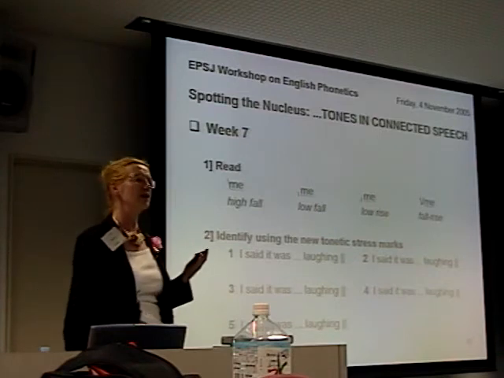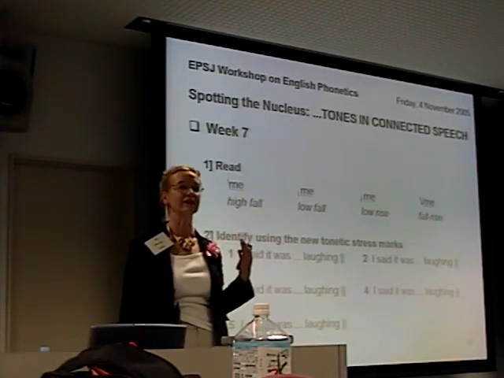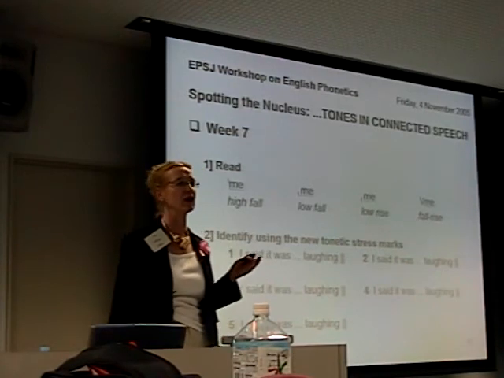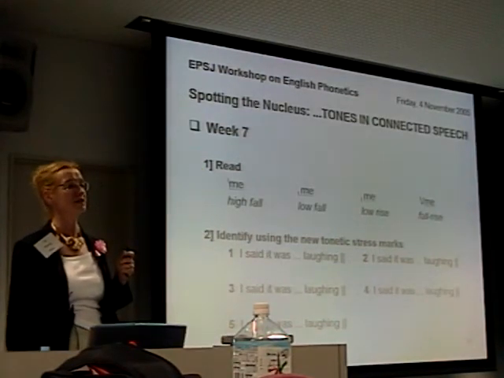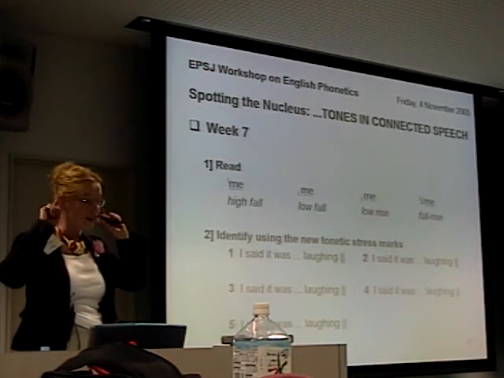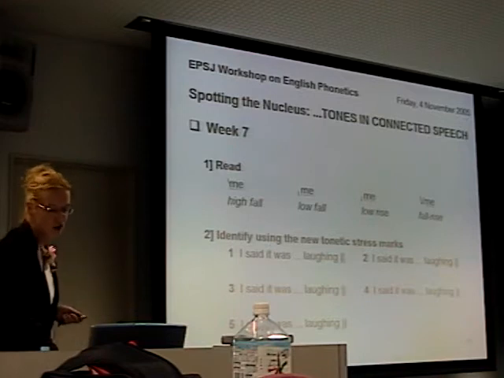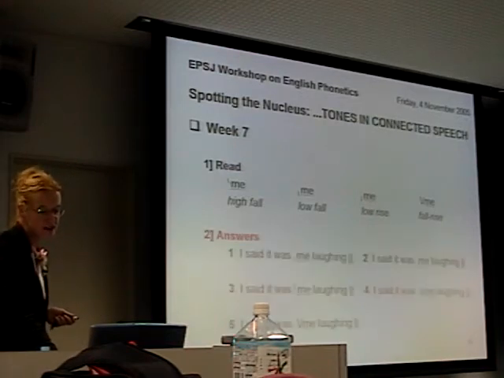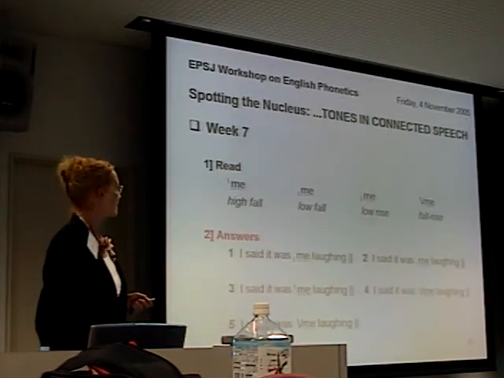What's the nuclear tone in that? I said it was me laughing. Which nuclear tone have I picked? I said it was me laughing. Give me a name. Full rise, yes, absolutely. Not quite sure whereabouts that comes, but yeah, 4 and 5, they listen to that twice.